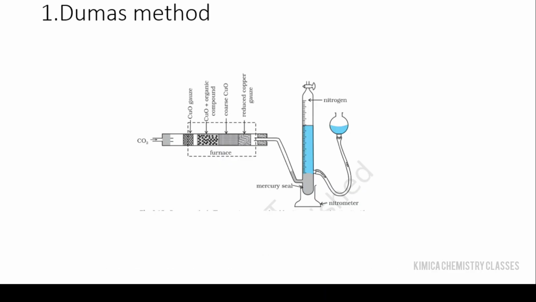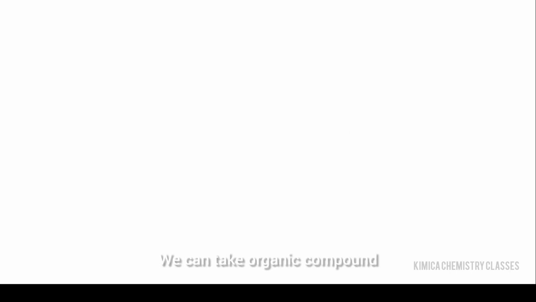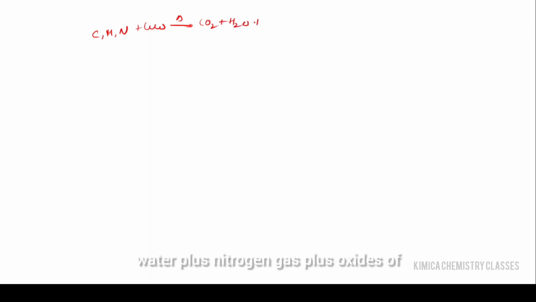So in this, what happens? We can take an organic compound like this, containing carbon, hydrogen and nitrogen. With copper oxide on heating, it gives carbon dioxide, water plus nitrogen gas plus oxides of nitrogen.